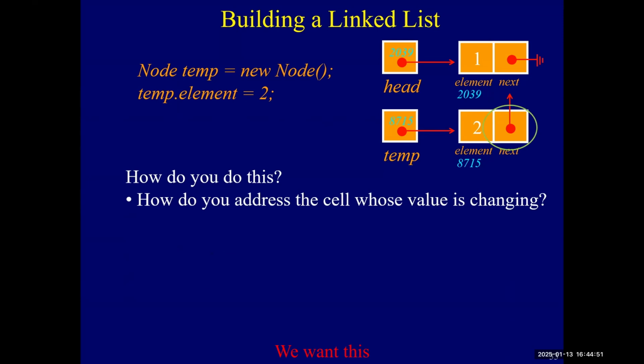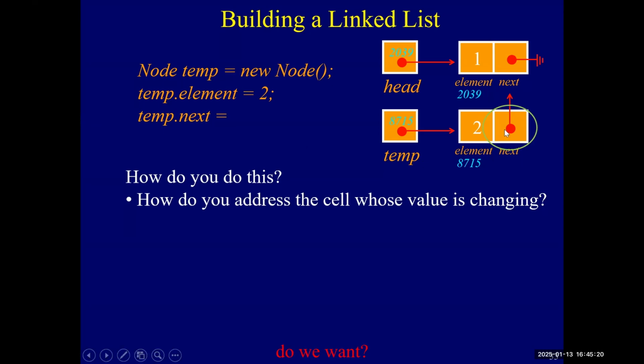We want this to point there. Sometimes I might have my greens and my reds mixed up. Ignore greens versus reds, all right? We want to name this box. This box is temp.next.